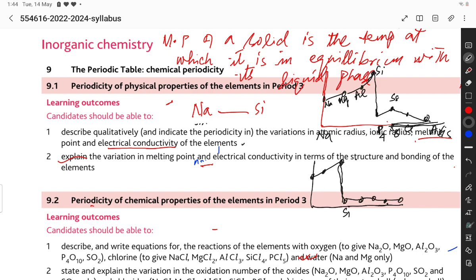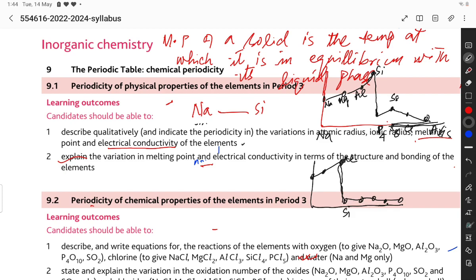Electrical conductivity increases from sodium till aluminium because these are metals, and metals conduct electricity in molten and solid state due to free moving, delocalized valence shell electrons.